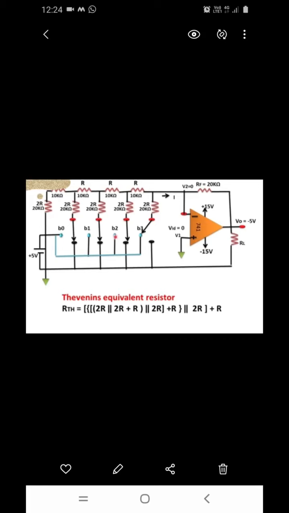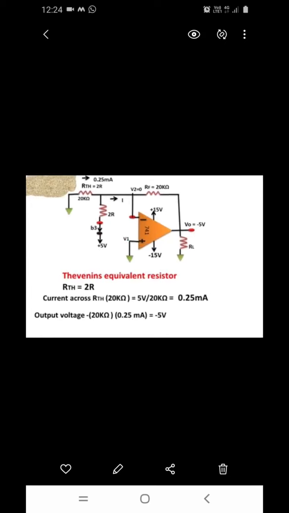Here you can see the resultant circuit. In this circuit, the negative input is at a virtual ground. Therefore, the current through RTH is 0.